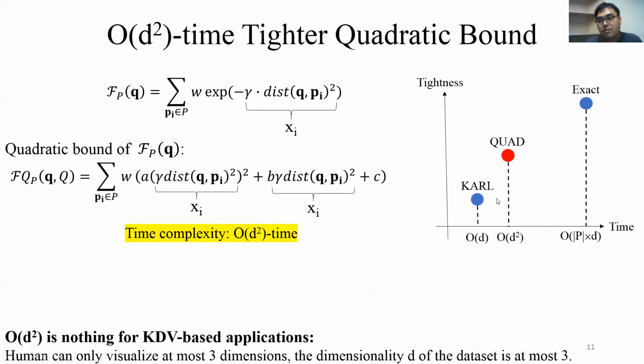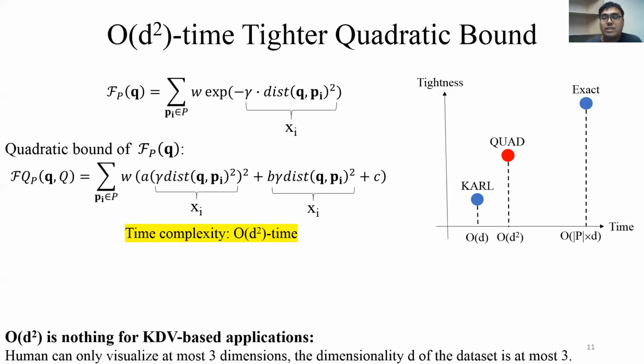Then you may ask, O(d squared) is worse than O(d), and that thing is worse than the state-of-the-art one, KARL. But you know that this paper focused on visualization applications, and humans can only visualize at most 3 dimensions. That's why the dimensionality d of the dataset is at most 3.